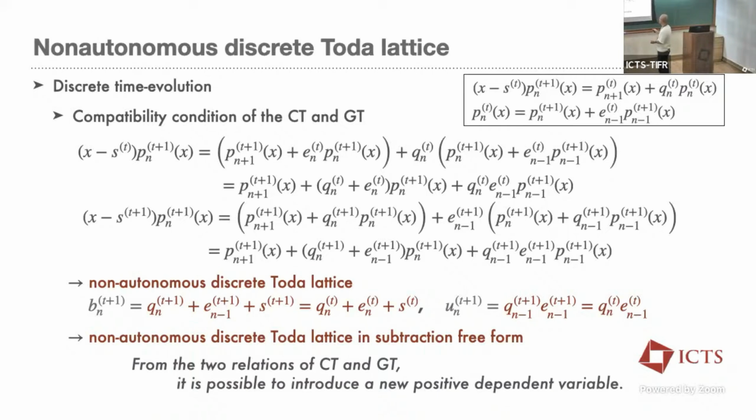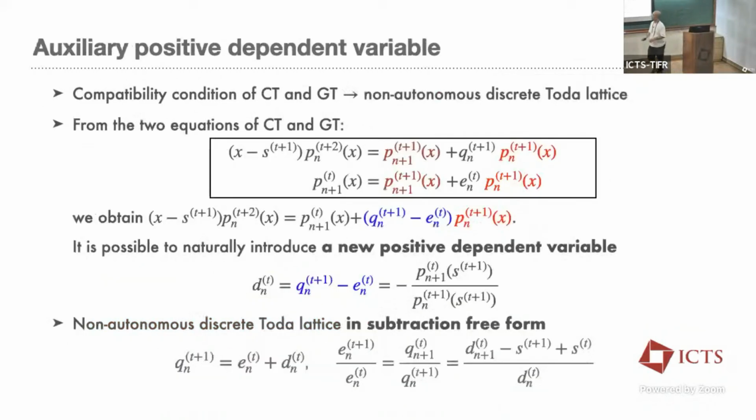And here, at this moment, this equation will contain some subtraction to compute the time evolution. But we already know the 2 relations for the Christoffel transformation and Geronimus transformation. So if we know these 2 linear equations, we can introduce some new positive dependent variable like this.